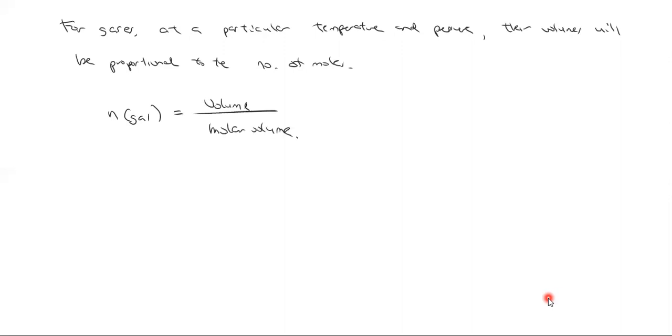If you know that 1 mole of a gas is going to take up, for example, 24.79 liters under certain circumstances, and you've got 100 liters, you can work out the number of moles.